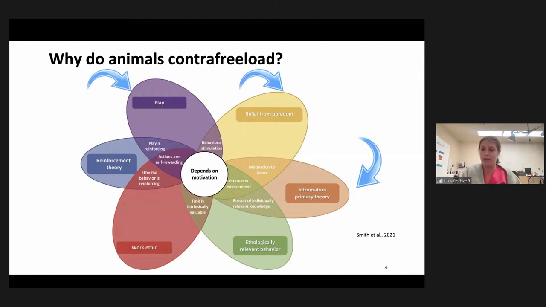This ties into an interest in the environment and a motivation for the animal to learn. The final reasoning behind contra-free loading that I'll be talking about is ethologically relevant behavior. It is thought that contra-free loading could be intrinsically valuable and awaken these natural feeding behaviors in animals.